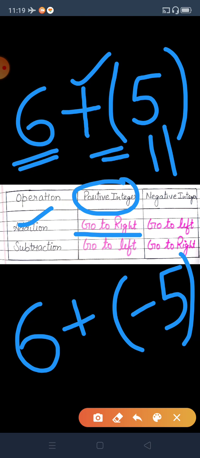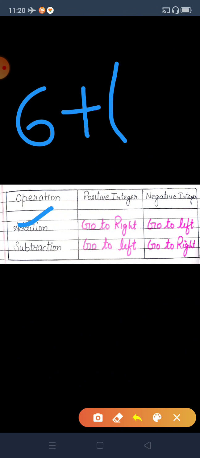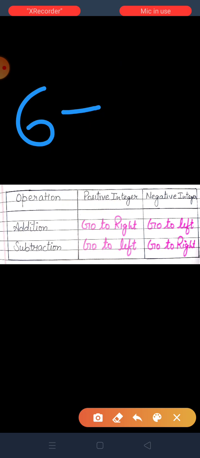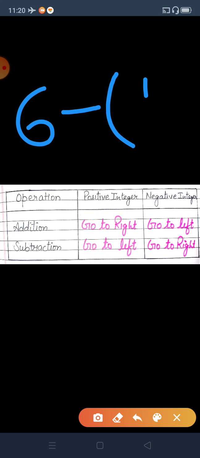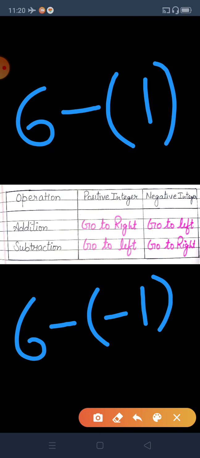Clear? Now what if there is subtraction? If subtraction is given, what do you have to do? Subtraction means the minus sign is given, for example 6 minus 1, and 6 minus minus 1.